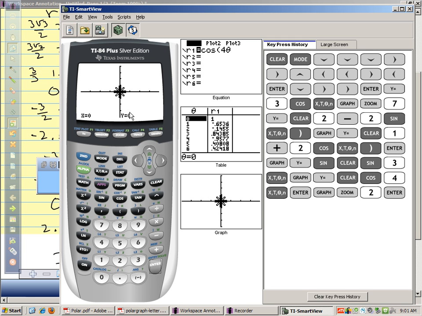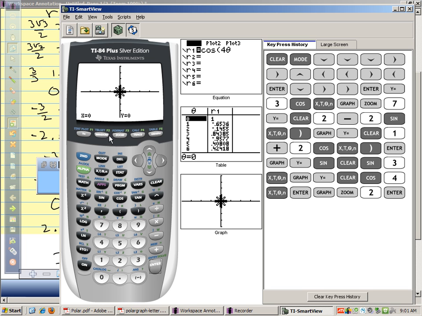Is your calculator set in radian mode? Make sure it's in radian. Did you get it, Dylan? No? Did you do Zoom Trig? I think so.